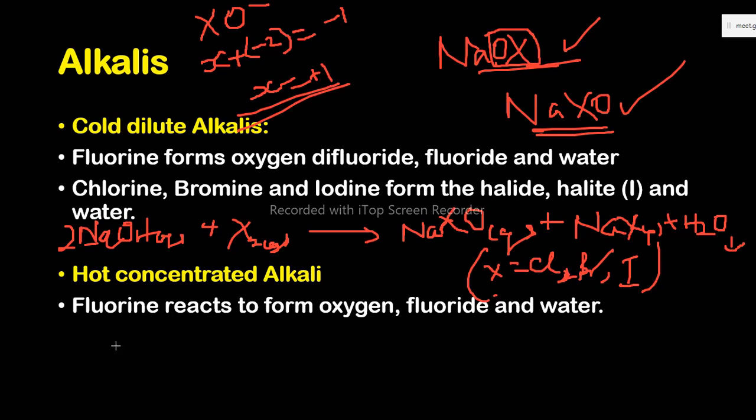How far are you with this equation? So it is fluorine, and fluorine is a gas reacting with the OH. It's up to you. You write what is easy for you. If you want to write the ionic equation, you can write it. If you want to write the molecular equation, you can also write it.